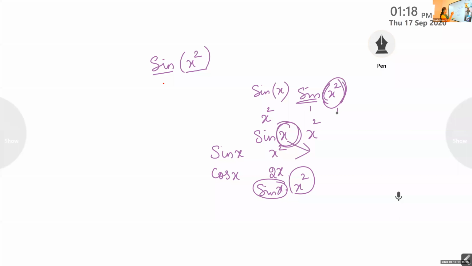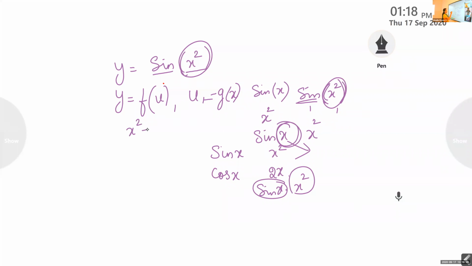Listen, children, how we can write: y is a function of some other function. Y is a function of u, where u is a function of x. This one we can replace. Suppose I replace x square equal to u. So you will get y is equal to sine u. And what is u?